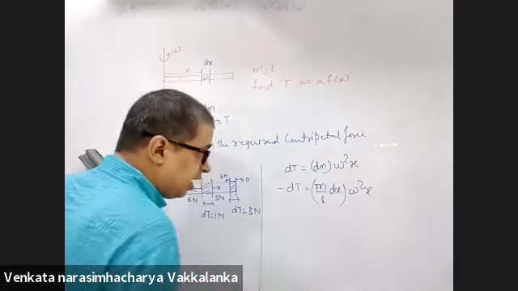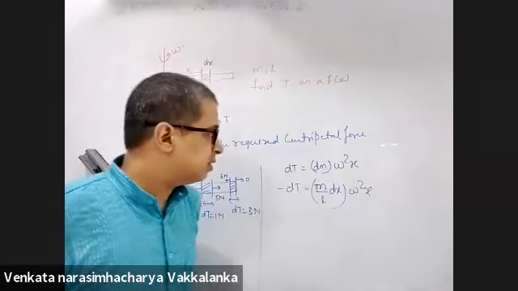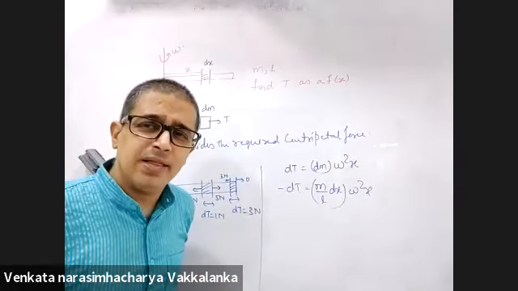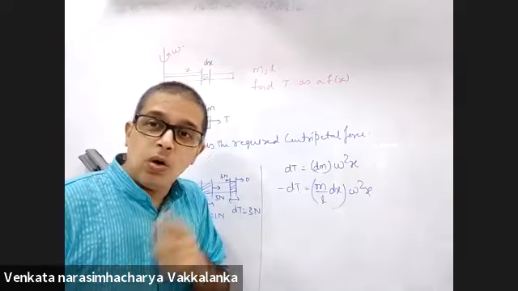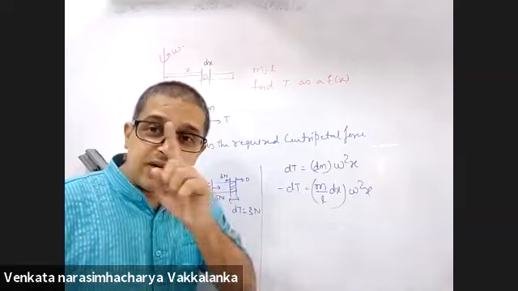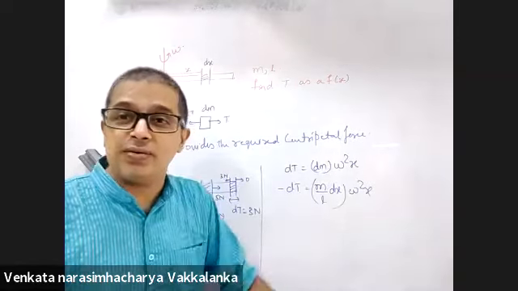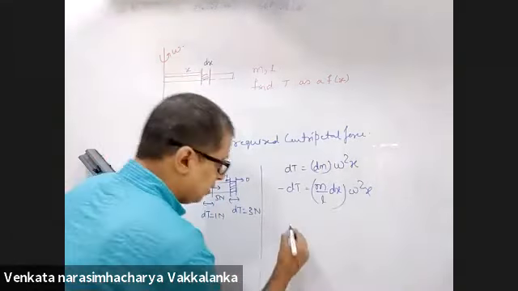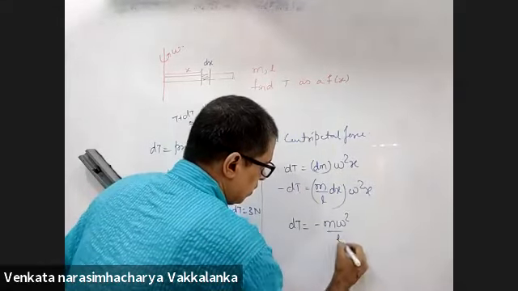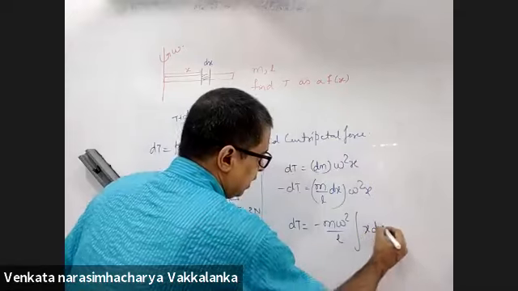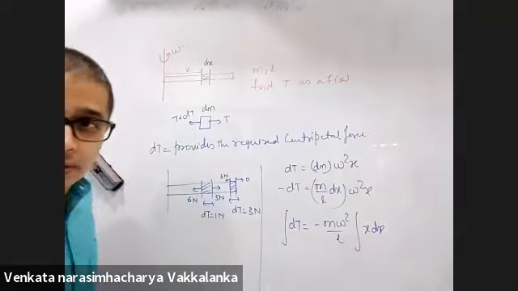I should put a negative sign in front of it. Why? dT by dx is negative. Why is dT by dx negative? T is a decreasing function of x. dT is minus m omega square by L integral x dx.